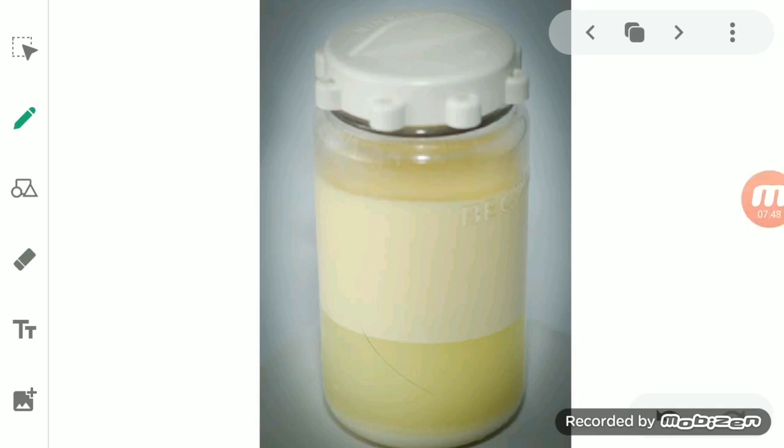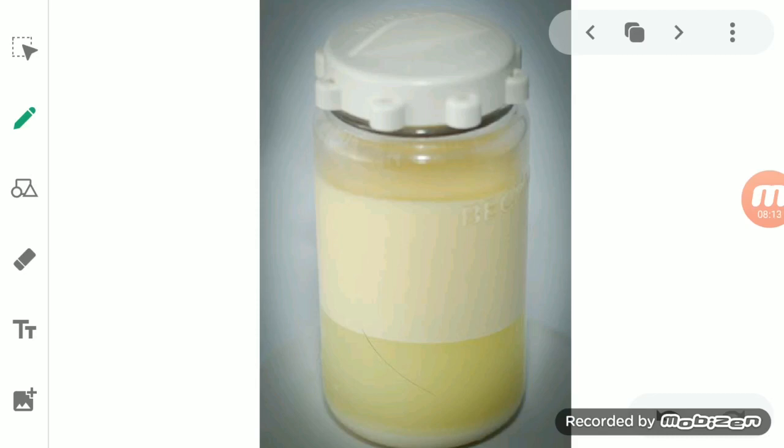The process of centrifugation is basically used in dairies to separate cream from the milk. You know that we extract the cream from the milk itself. So what is the process we use to separate the cream? We use the centrifugation method.